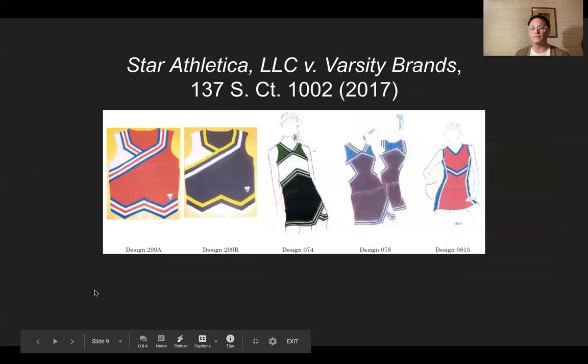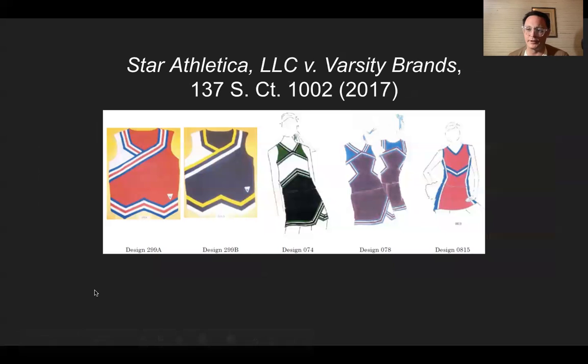Now, most recently, the Supreme Court revisited the useful articles doctrine, arguably not in the most helpful fashion, in the Star Athletica v. Varsity Brands case. So what happened there? Varsity Brands and Star Athletica are both companies that manufacture cheerleading uniforms. Varsity Brands went and got copyright registrations on a bunch of its designs.